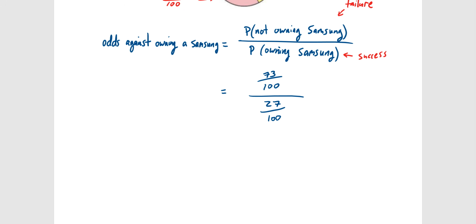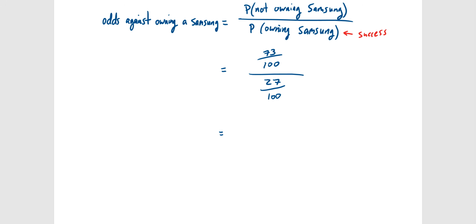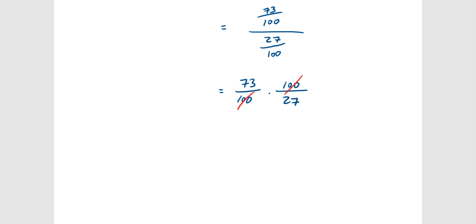When we are solving this, it's keep, change, flip: keep the first one the same, change to multiplication, and we recognize that the 100s will cancel because these were equally likely outcomes. We're left with 73 times 1 divided by 1 times 27. So we get 73 over 27, or we can write it as 73 to 27.